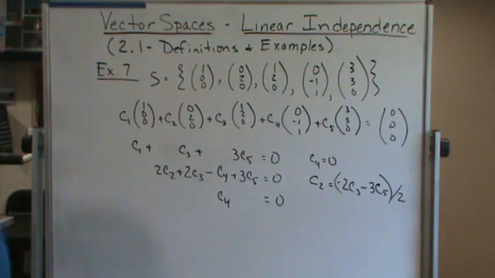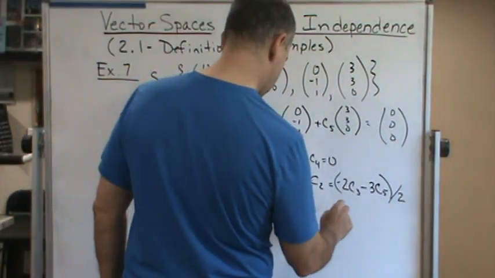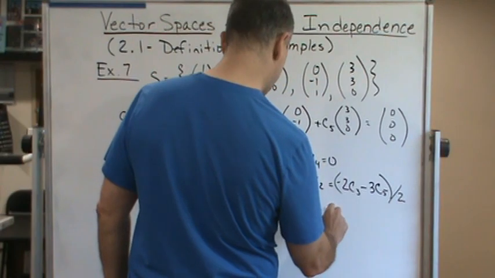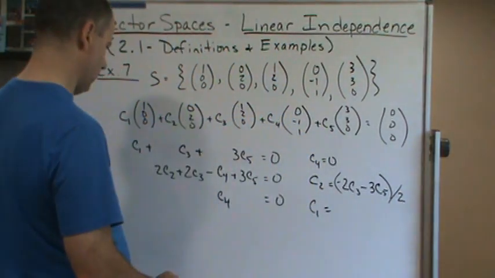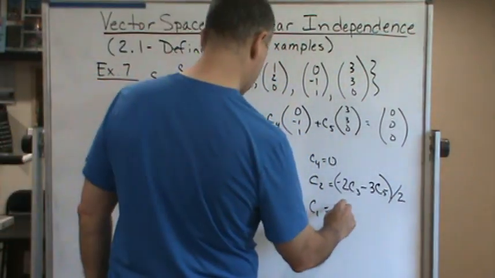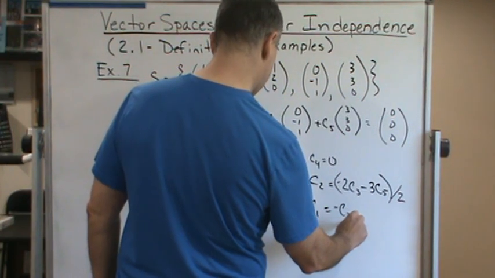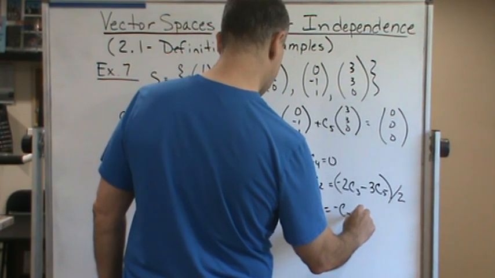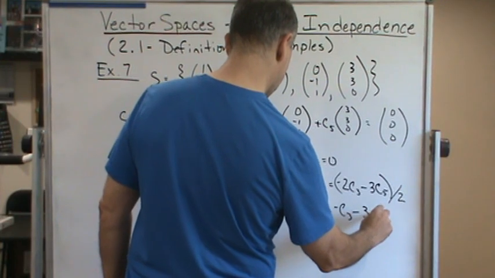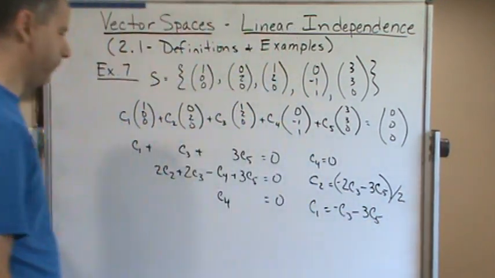And then of course C1 equals minus C3 minus 3C5.